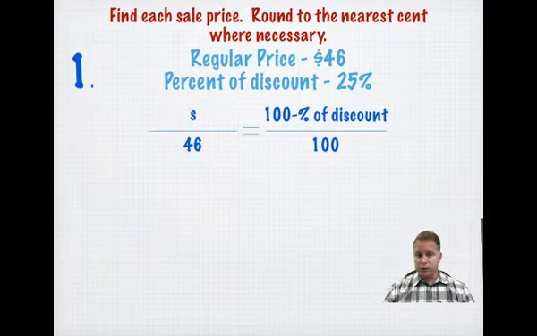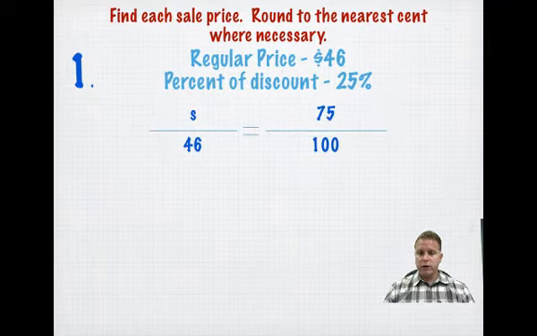We don't know it, so we'll put S for sale price. And 100 minus 25 is 75. Now, if you want to reduce 75 over 100, you absolutely can to make life a little easier, but you don't have to. So we cross multiply, and we'll get 100S is equal to 3,450.